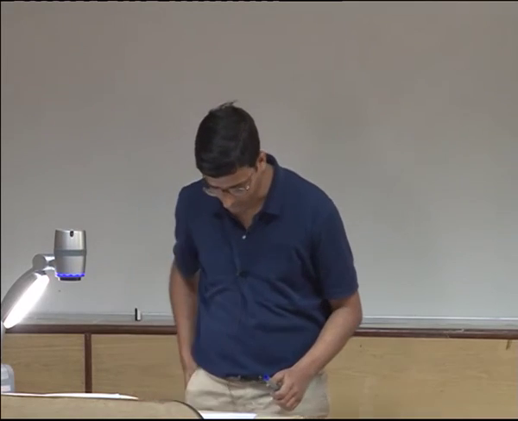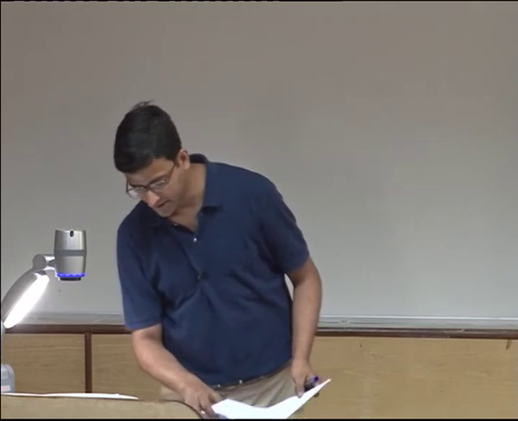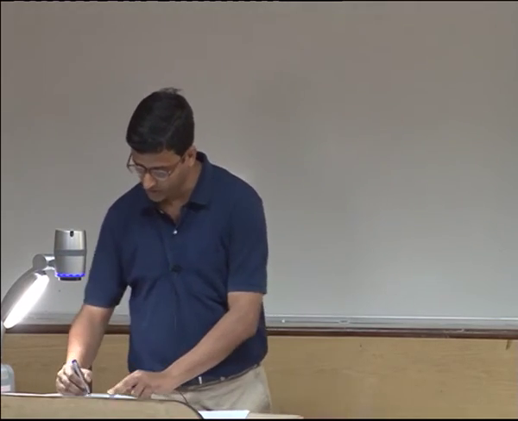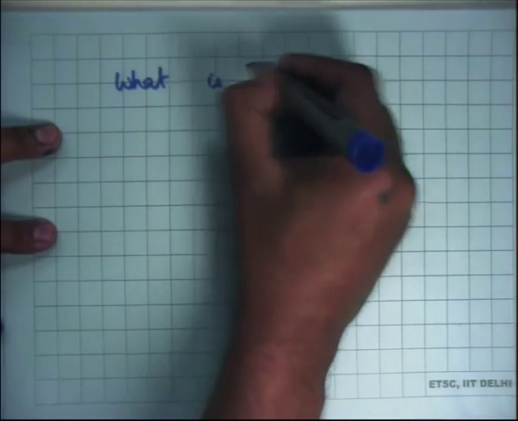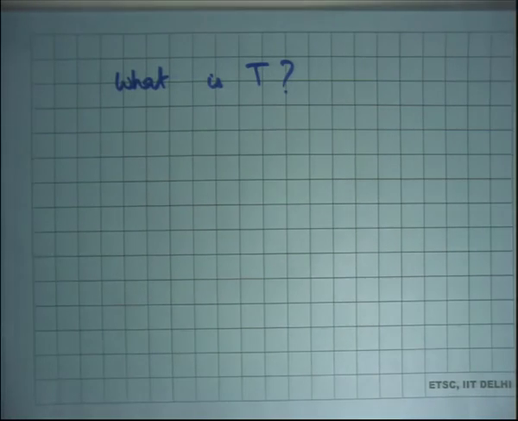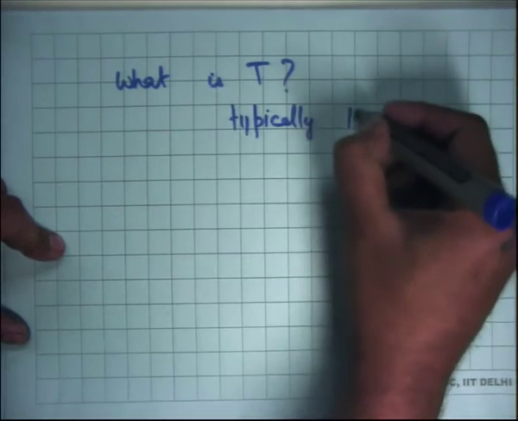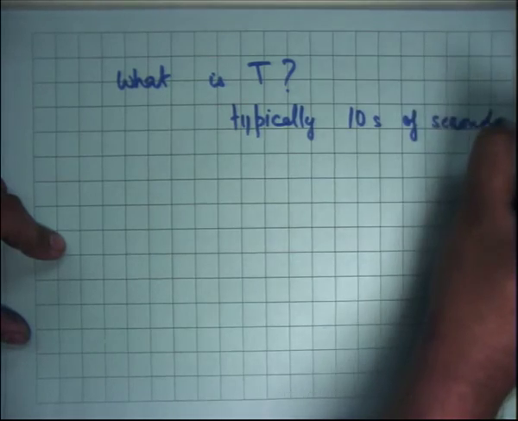Here are some difficult questions for the working set idea. Firstly, how big should T be? Typically tens of seconds to minutes.